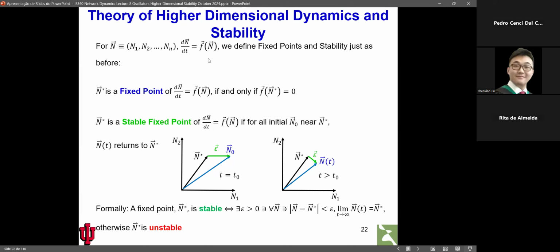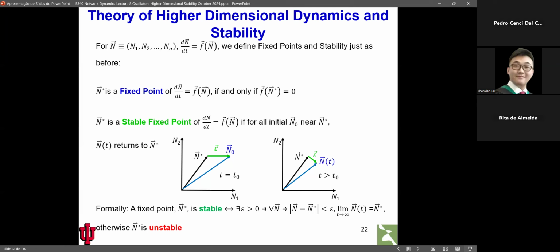So the roots of Fn, when it's going to be 0, it must be 0 in all its components, right? Because you could have that n1 stays there because dn1/dt is 0, but then the derivative for n2 is not 0, so it's going to go away in the direction of n2, not in the direction of n1, but it's going to go away, so it's not a fixed point.